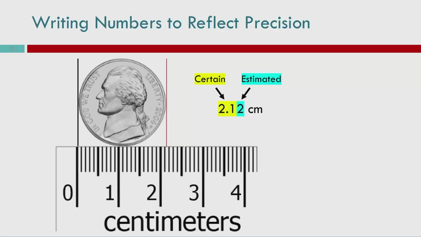And we have subdivisions on our ruler. So we've got tenths. That's these little tiny tick marks, as well as the half mark. So this tick mark would be 2.5 centimeters. And we are just past the 2.1 centimeter mark, right?